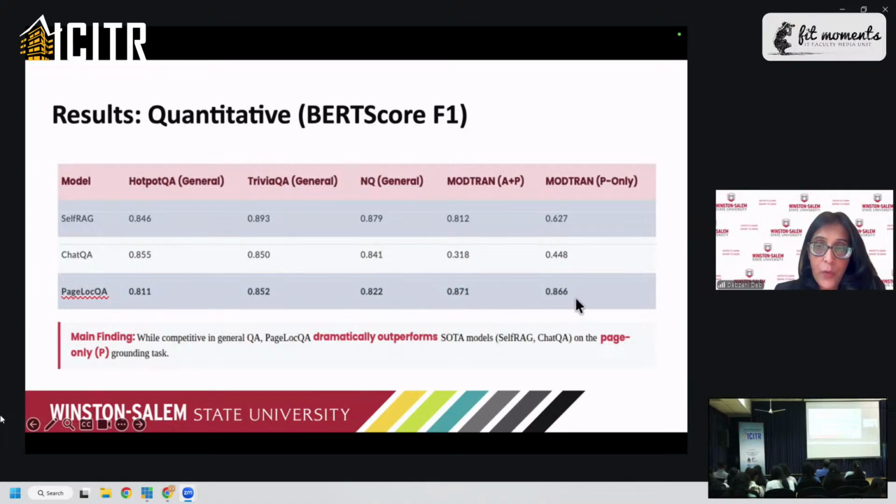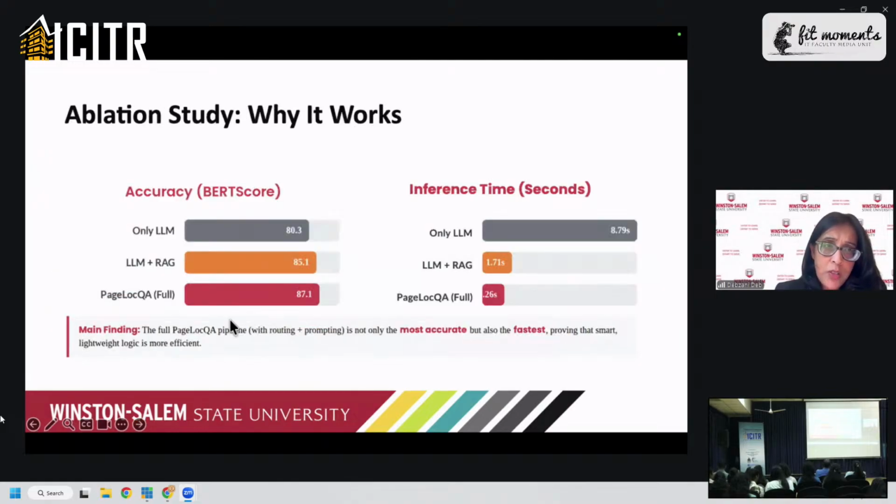And particularly whenever we only ask about source level questions, like what is the page number or where are you getting that information from, then you can see that it outperforms those models by a very significant margin.